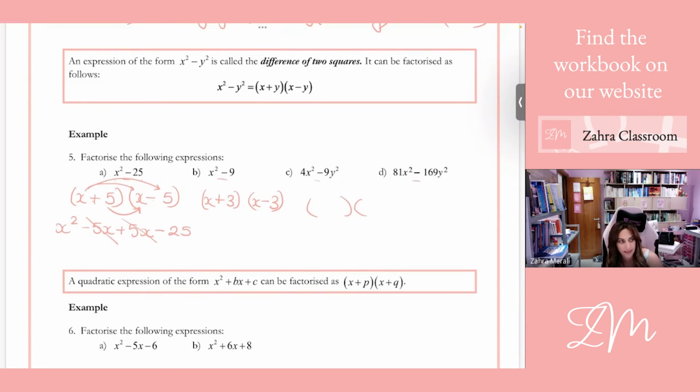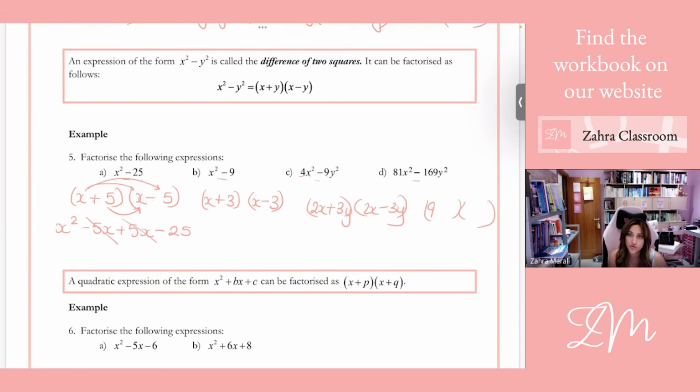So 2 brackets again. We know it's a difference of 2 squares. Square root of 4 is 2. Square root of x squared is x. Square root of 9 is 3, y. So then we write it again. Make 1 plus, make 1 minus. And in a similar fashion, that last one, you've got square root of 81, which will be 9.